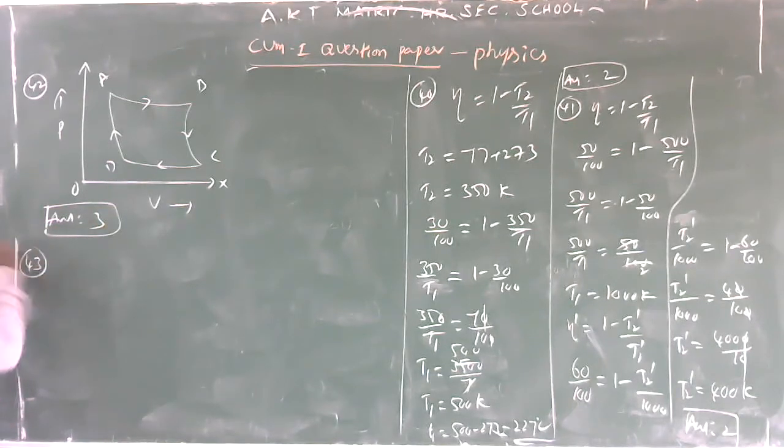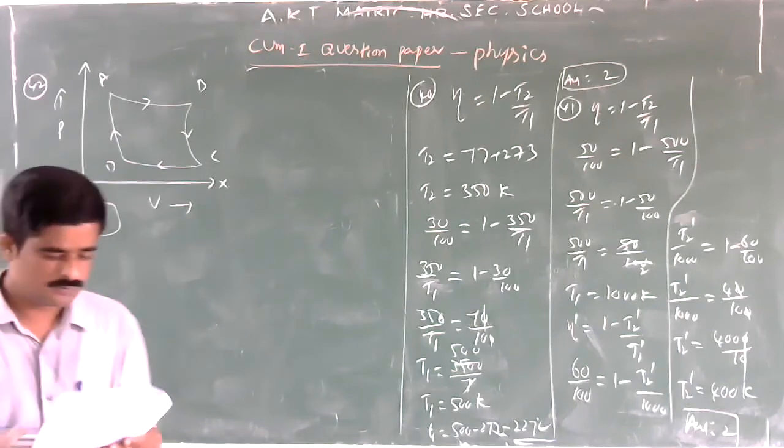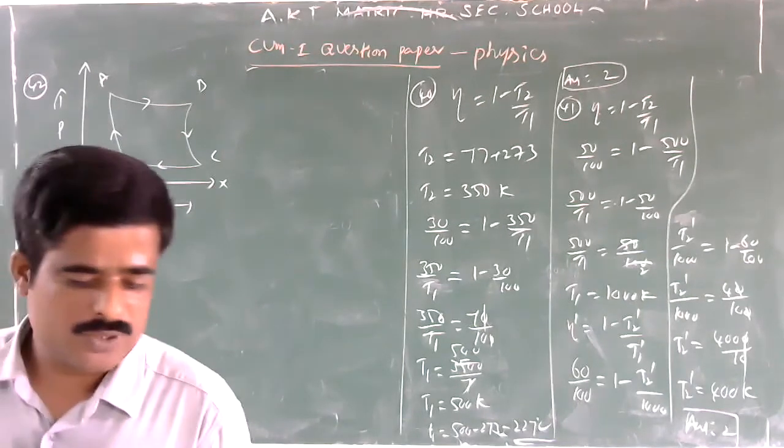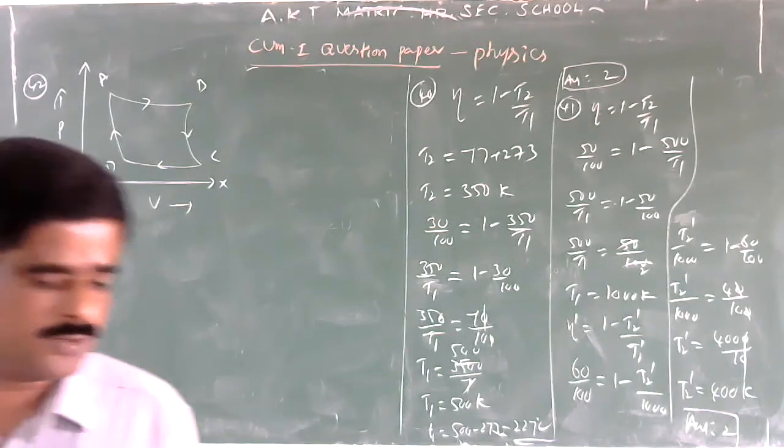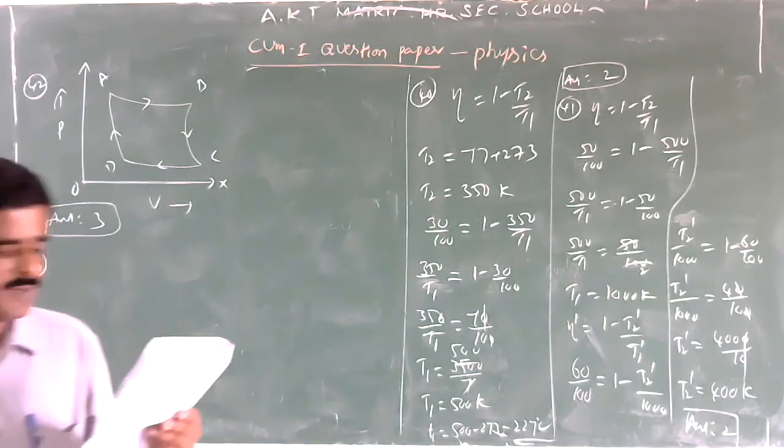Next, 43. Heat energy is absorbed by a system going through a cyclic process shown in the figure.